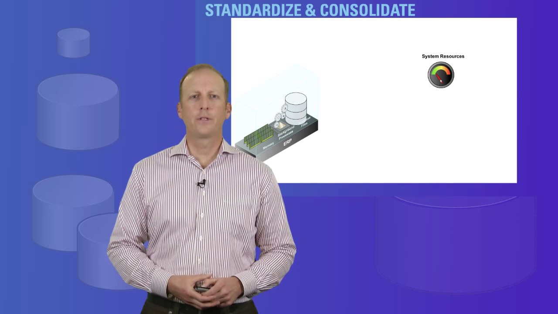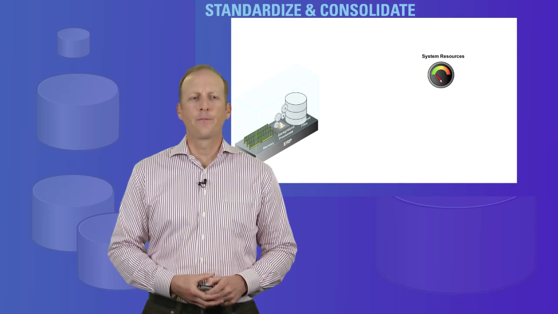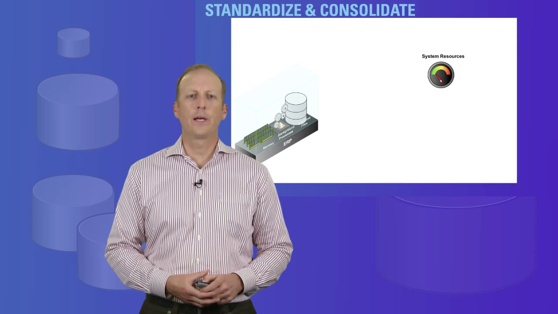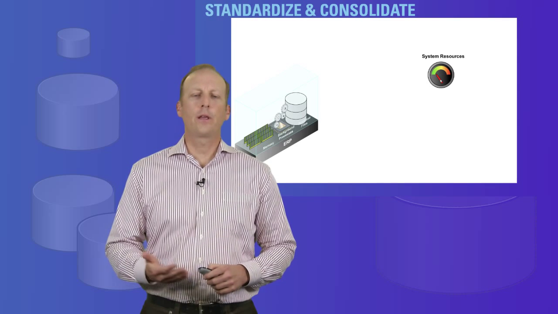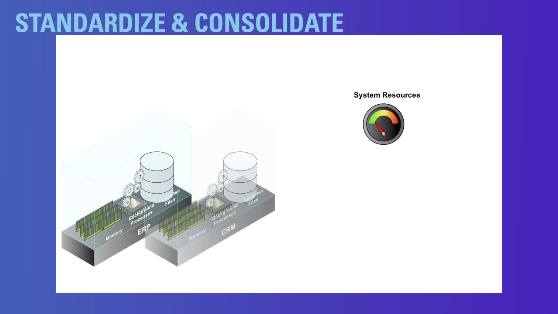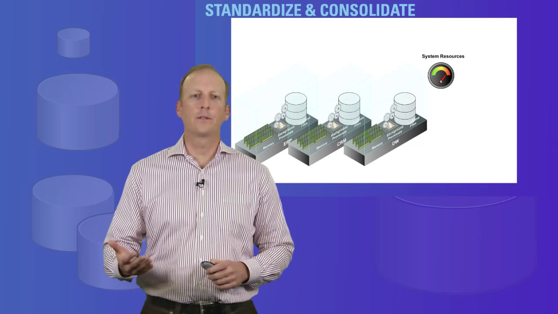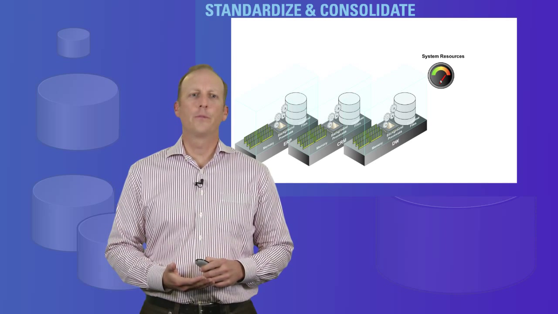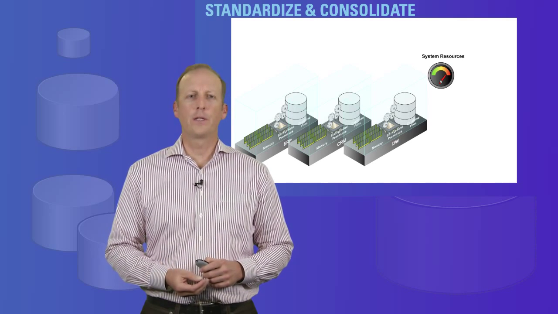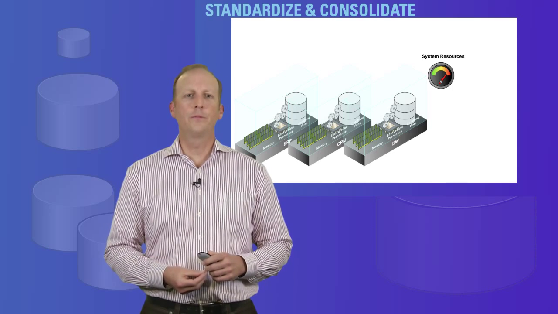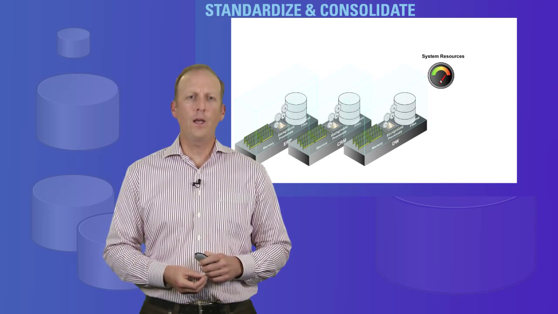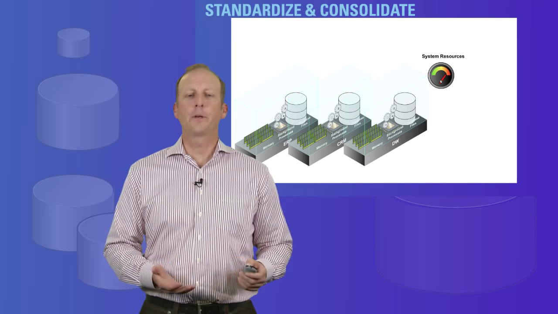Okay, so let's look at standardize and consolidate, and what does that really mean when we talk about databases. So let's say we have an ERP application, a CRM application, a data warehousing application. The way they're set up today, each one of them has its own set of resources. So you've got memory, CPU and disk set up for each application.